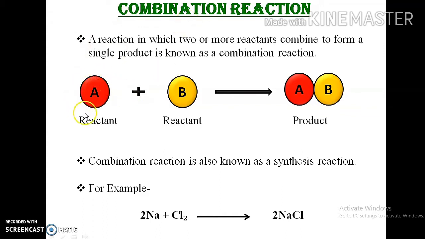Here reactant A combines with reactant B and forms a new product AB. Combination reaction is also known as synthesis reaction. As an example, when sodium reacts with chlorine, it forms NaCl, that is sodium chloride, which is common salt.